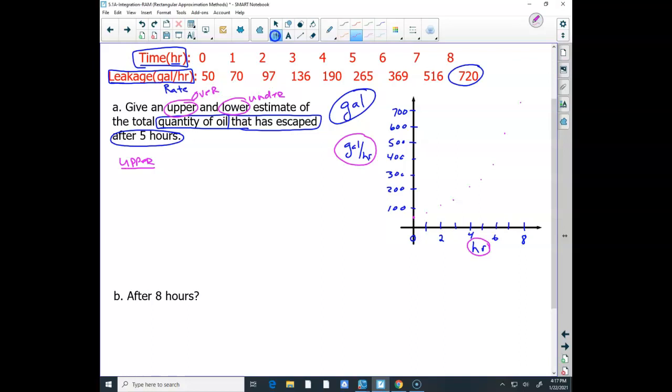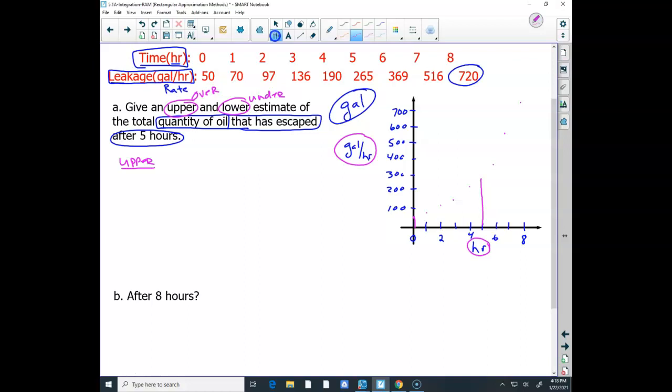Notice I have nice incremental changes, and I'm supposed to find it from 0 to 5. I don't know any data values between 0 and 1. So each interval is going to be 1 hour wide.